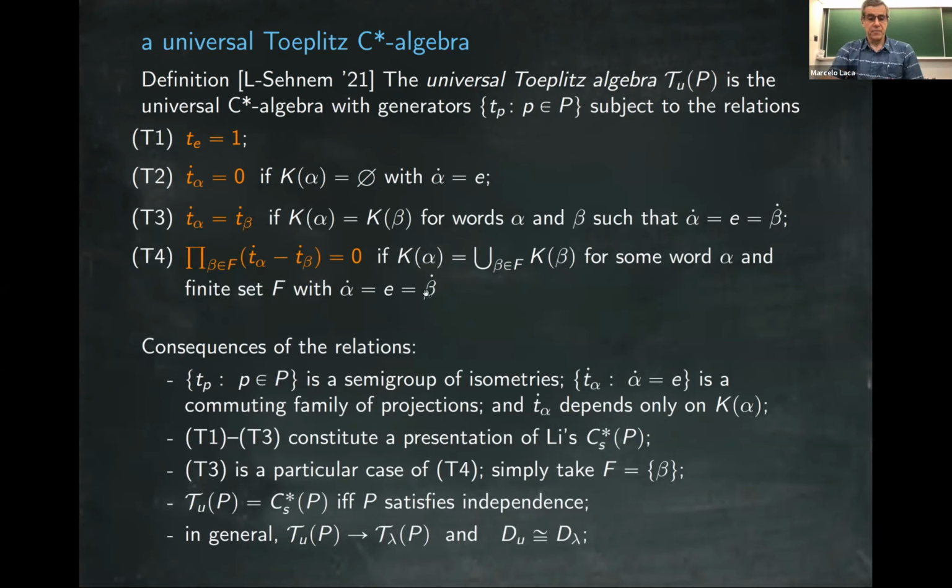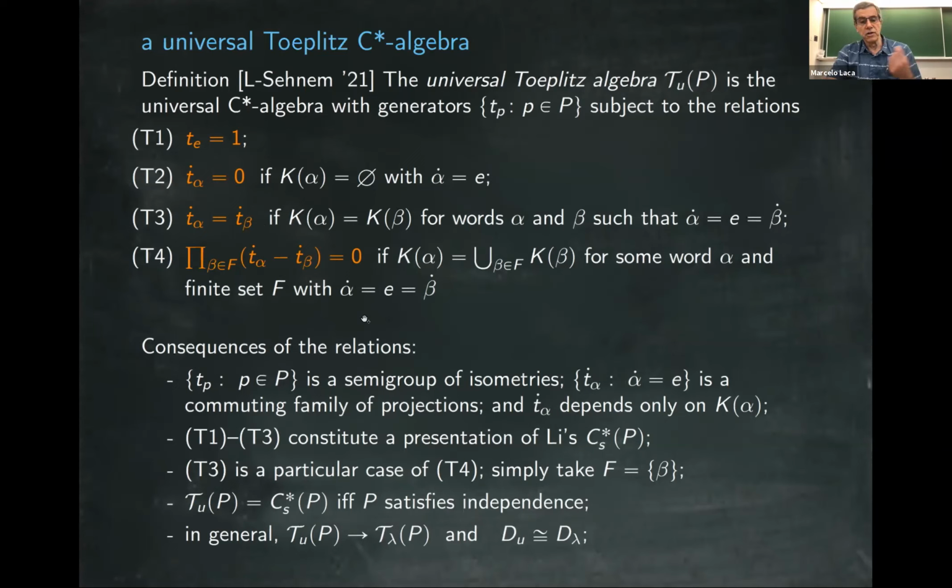And in fact, some consequences, a bit surprising perhaps, is that once you impose these conditions, in particular just T3, T3 says that T dot α depends not on α, but on the constructible right ideal of α. And once you know that, T becomes a semigroup of isometries. There's no assumption that these are isometries. There's no assumption that they multiply the right way.